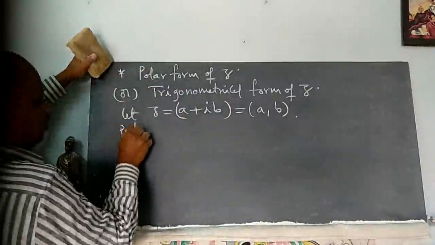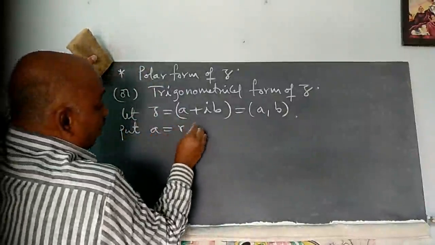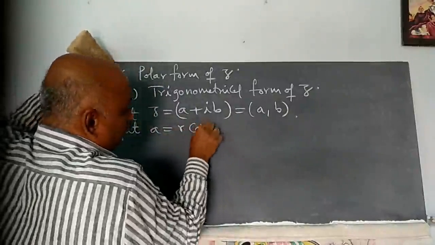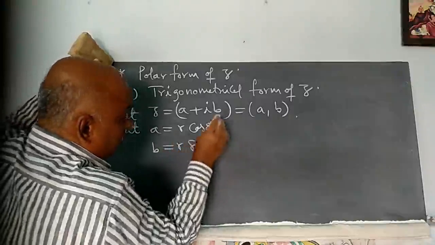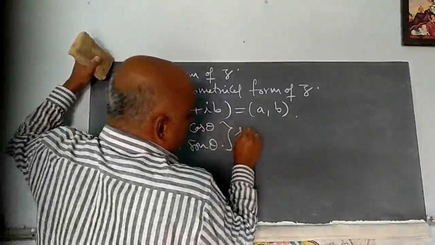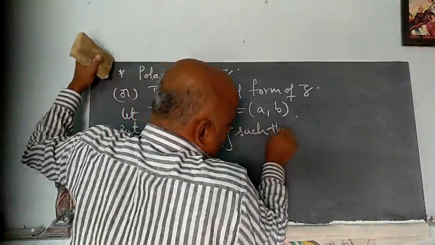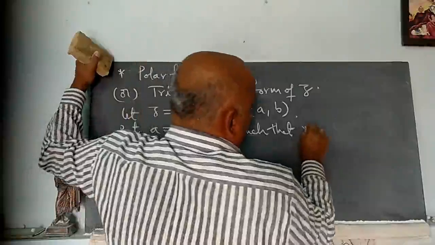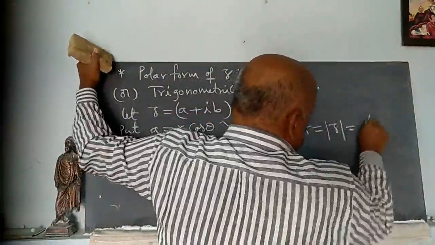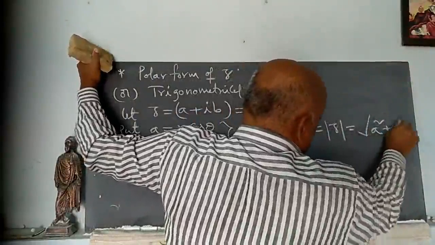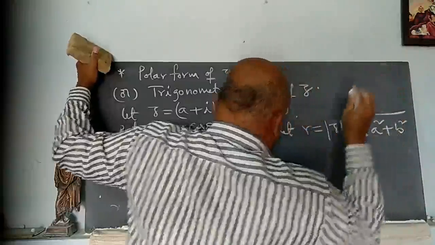Put A equals R cos theta and B equals R sin theta, such that R is equal to mod Z, which is the square root of A square plus B square.